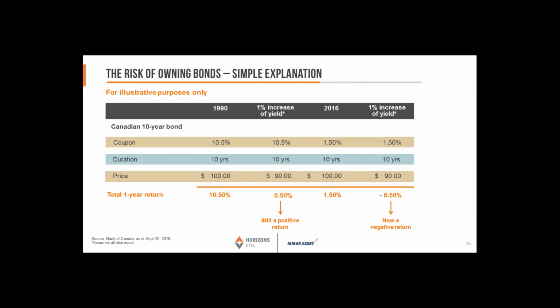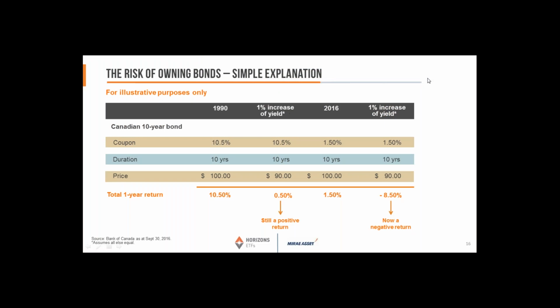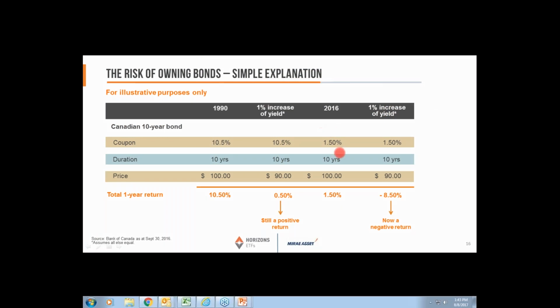I'm going to explain how this works. We have something called duration risk, and we see here that a 1% rise in yield basically results in a 1% loss on the value of a bond for every year of duration, regardless of what type of bond it is, assuming it pays a fixed coupon. So in 1990, a Canadian 10-year bond was yielding about 10.5%.